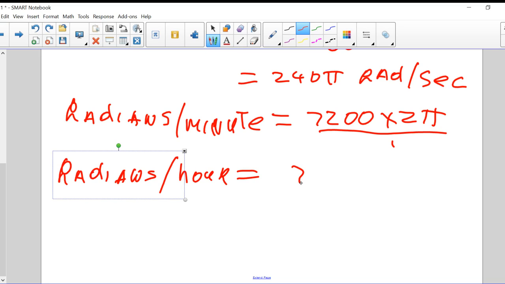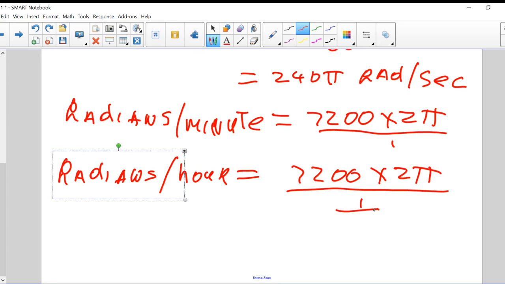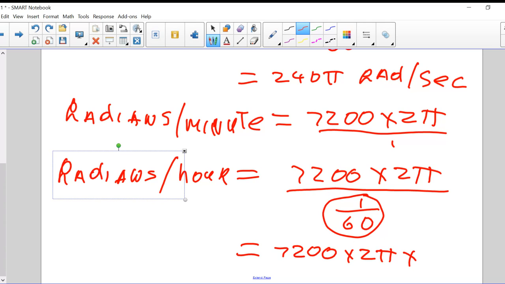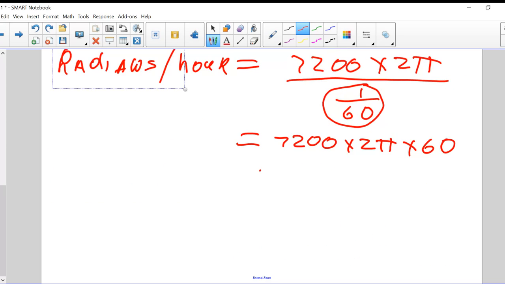So I would take 7,200 times 2 pi divided by 1/60. That turns it into an hour. It would be 7,200 times 2 pi times the reciprocal of 1/60, which is 60, and that works out to some really, really huge number.